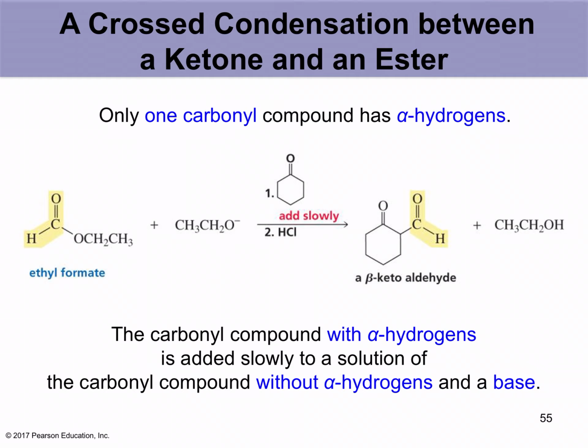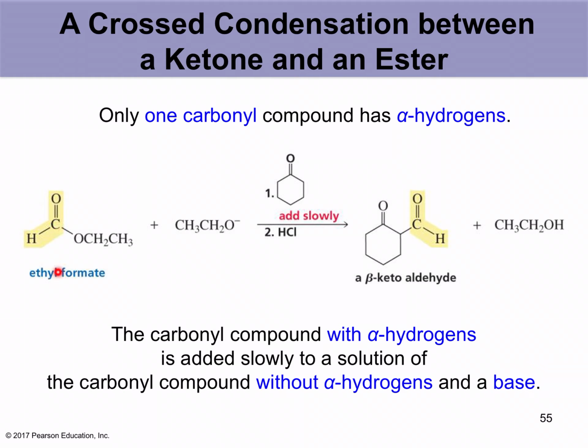Cross condensation between a ketone and an ester. Only one carbonyl compound has alpha hydrogens. Now this is an ester, and this ester does not have any alpha hydrogens, because this hydrogen is not considered an alpha hydrogen. Alpha hydrogens are on alpha carbons, and this one does not have any alpha carbons.